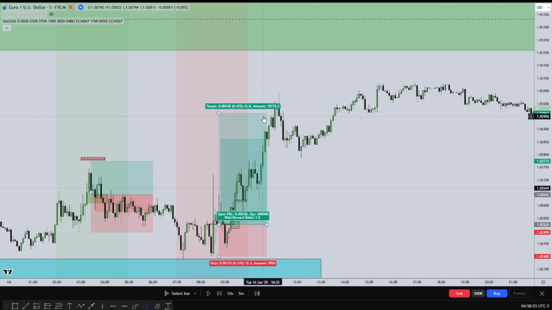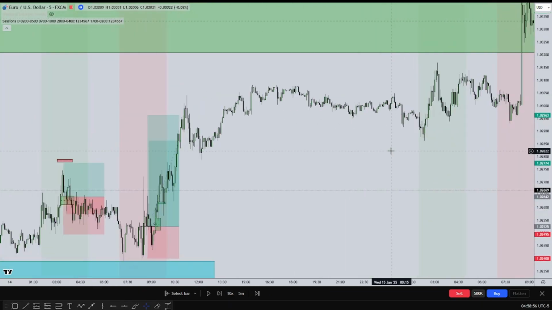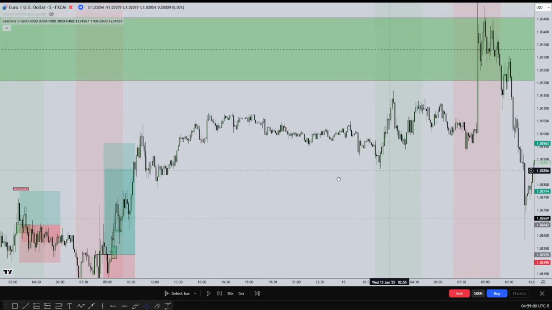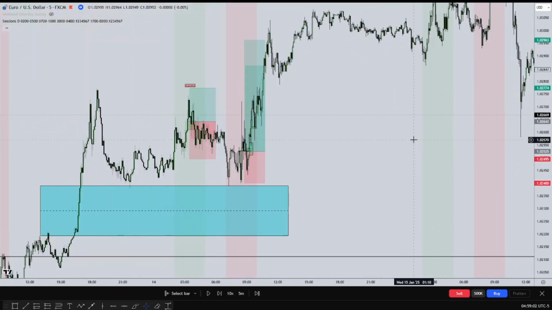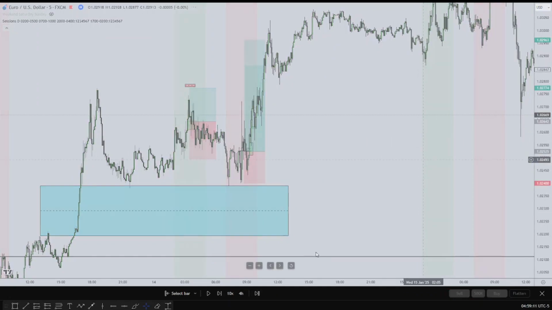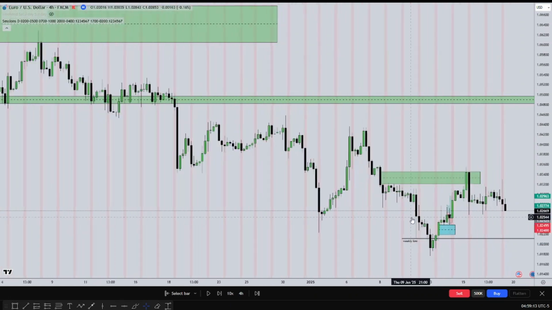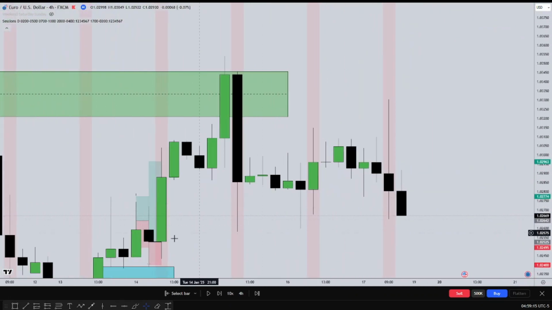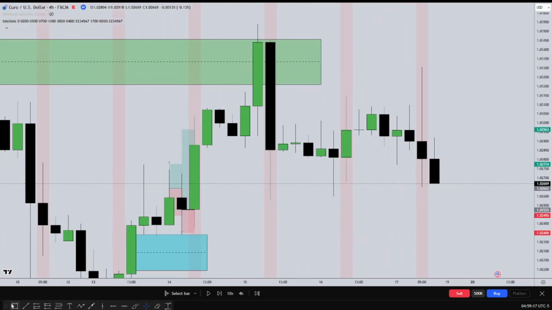Price traded to that area. Now on Wednesday, I did not mark out the fair value gap on the 4 hour time frame. So let's go back to the 4 hour time frame. On the 4 hour time frame on Wednesday, here's the fair value gap.